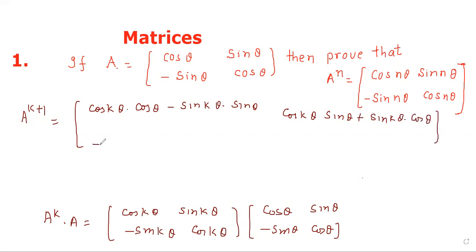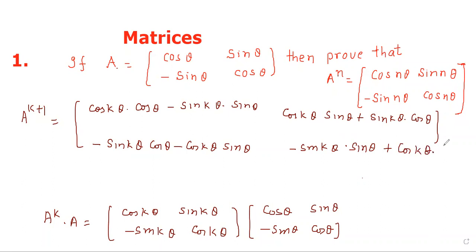Here we will get minus sin k theta cos theta and then minus cos k theta sin theta. And the last one will be minus sin k theta sin theta plus cos k theta into cos theta.